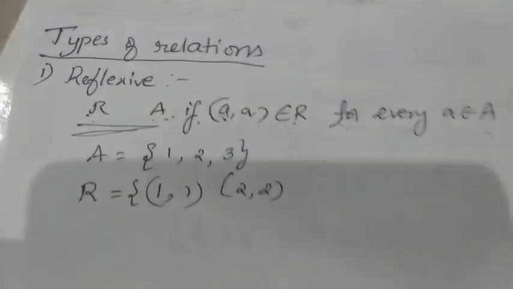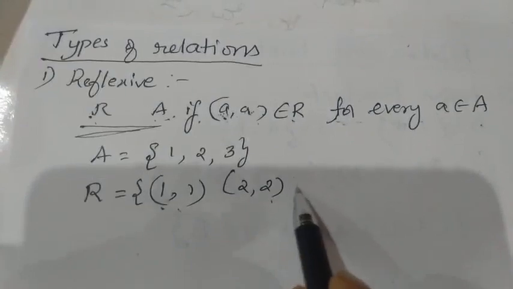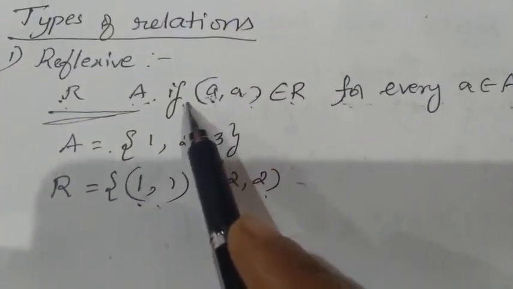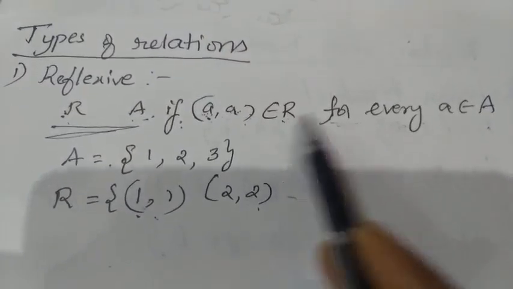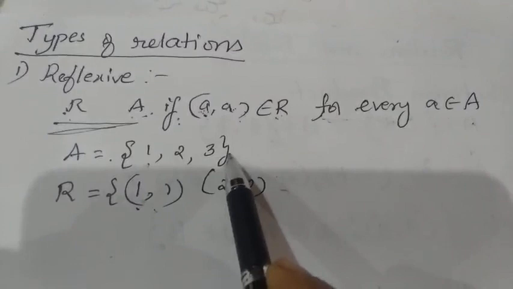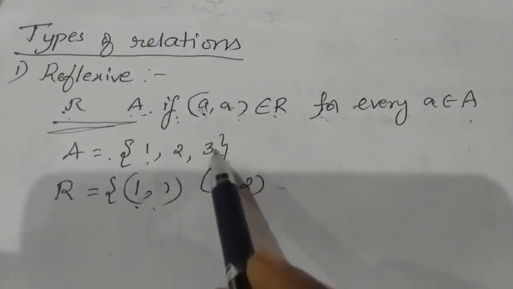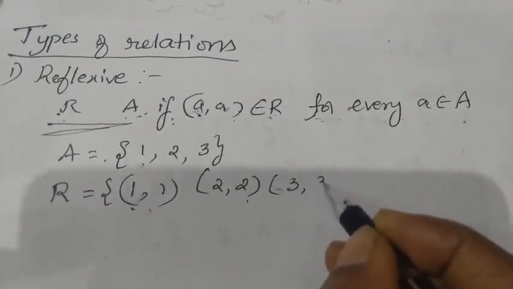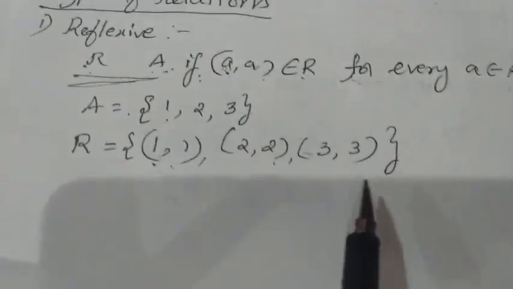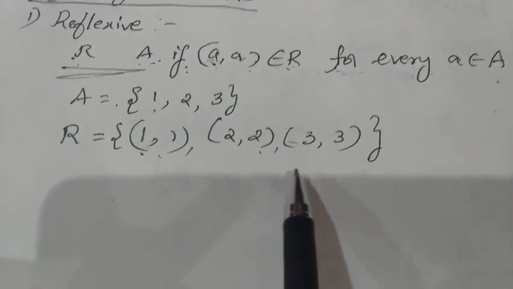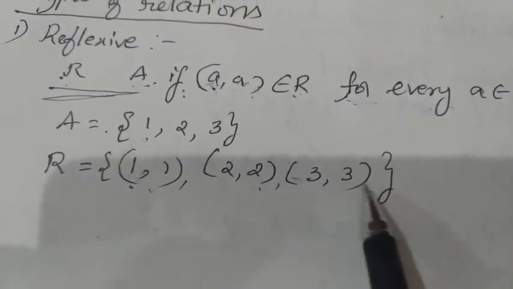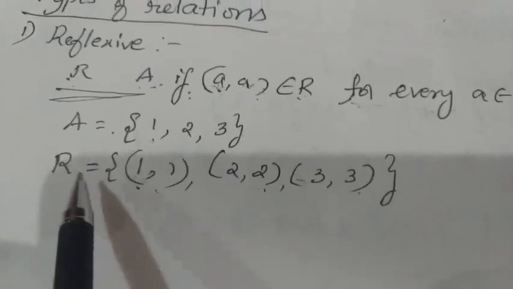If it contains only 2 ordered pairs like this on set A, then it is not reflexive, because according to the definition, if (a, a) belongs to R for every a belongs to A, you should take every element from A: (1, 1), (2, 2), (3, 3). This is a reflexive relation. It may contain any other ordered pairs also, but these ordered pairs must be included in your relation.